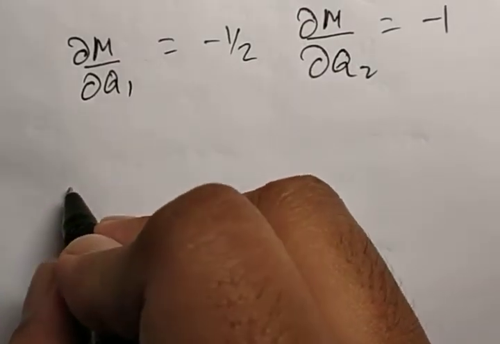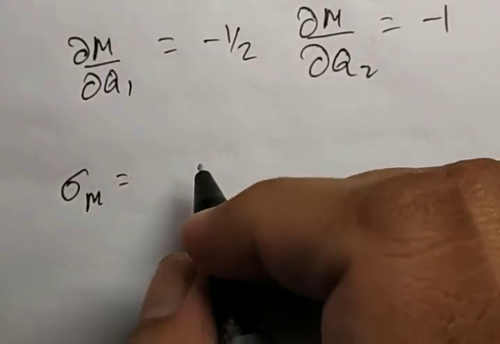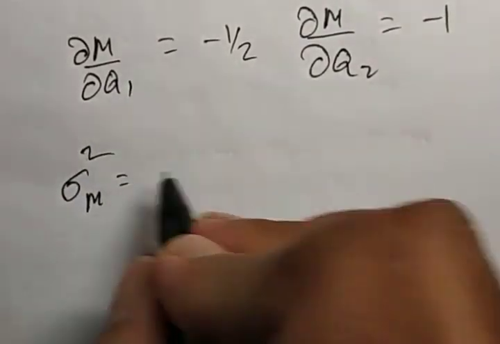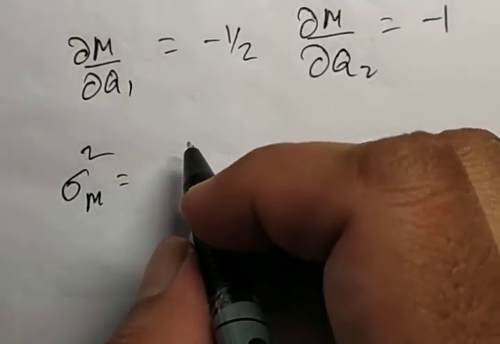Okay, and what about sigma m then? Sigma m squared, let me be very specific, is going to be what?